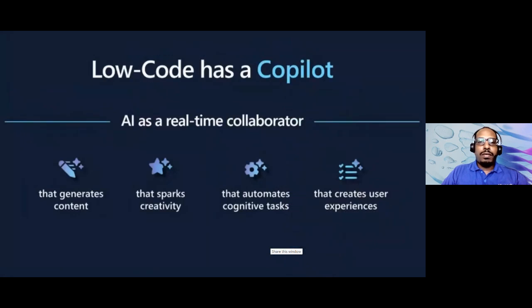So why should low code have a copilot? Because when you see the Gartner reports, Gartner published that Microsoft is leading the copilot with low code right now. That's for generating content and creativity, and automating your cognitive services.